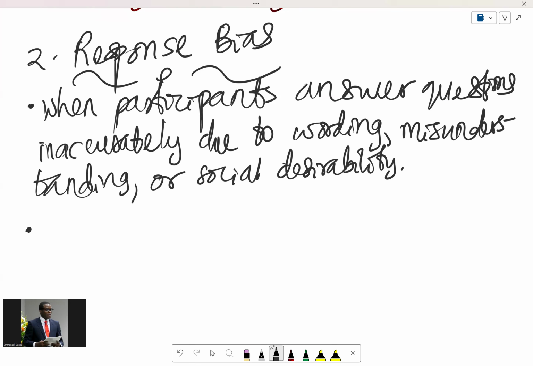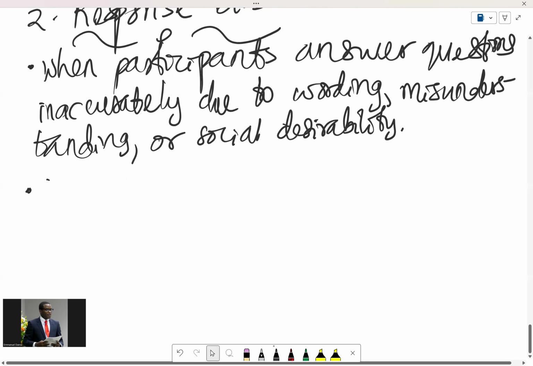I'm talking about social desirability, right? Some people have two answers to questions. One answer is what society wants to hear, and the other is what they actually practice. So when surveys are carried out on very sensitive issues in society, you can expect that some people will just give you the answers that you want to hear.